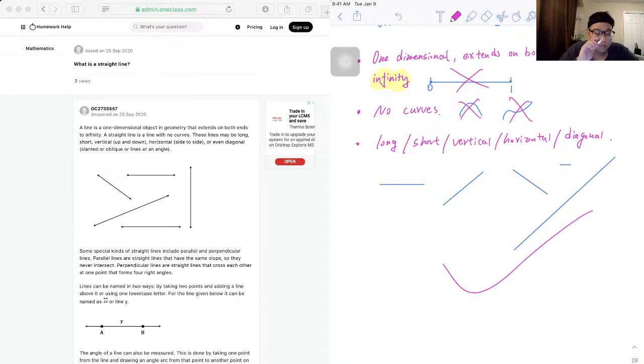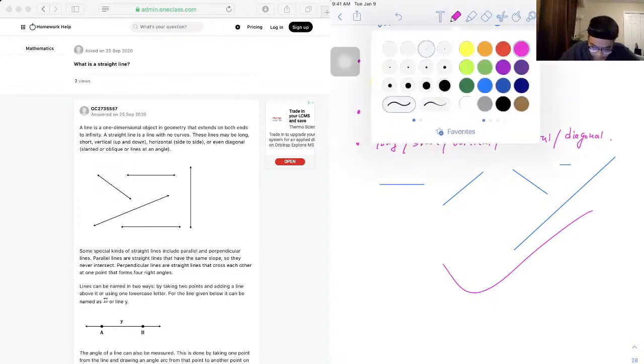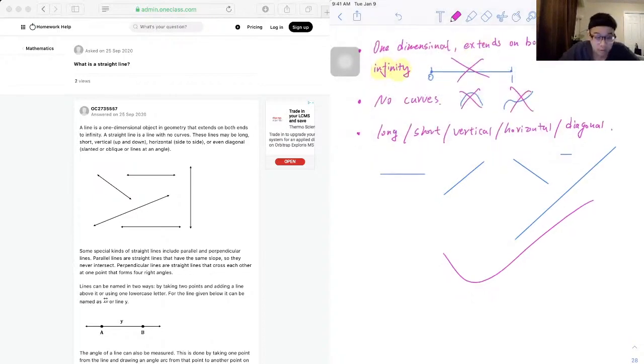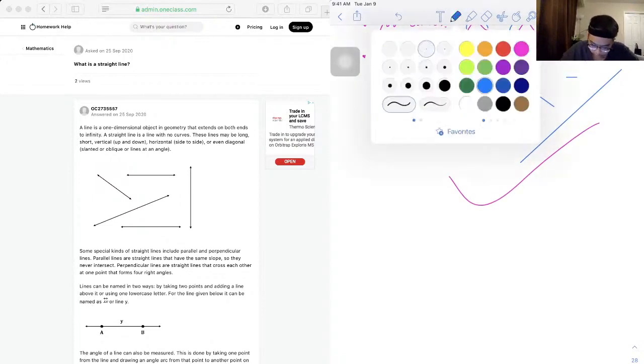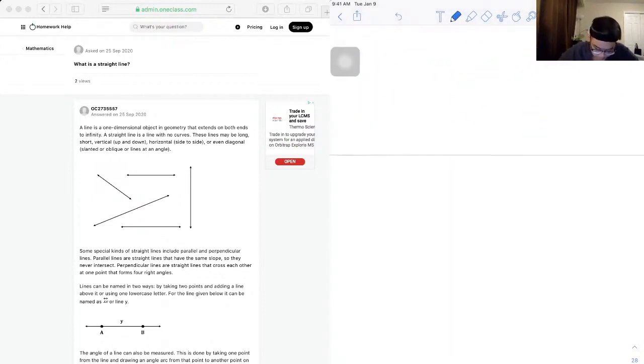And some special kinds of straight lines include parallel and perpendicular lines. Let's start a new page. So, parallel, perpendicular.